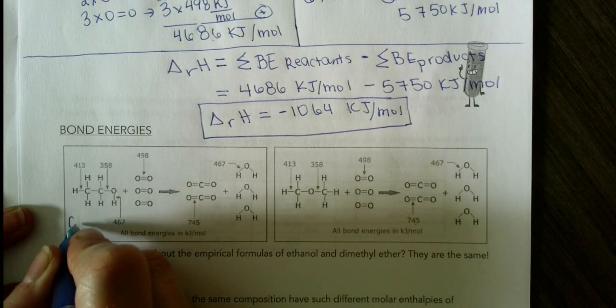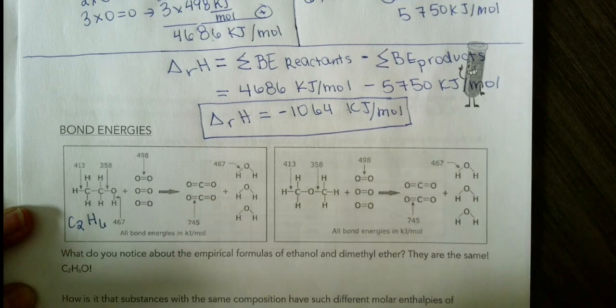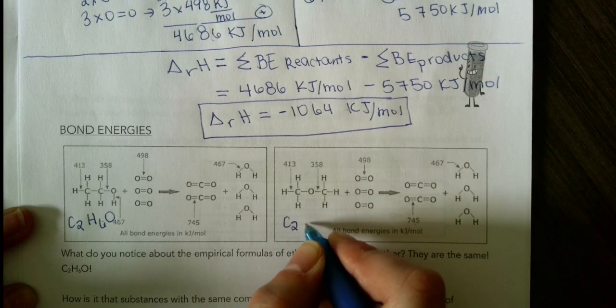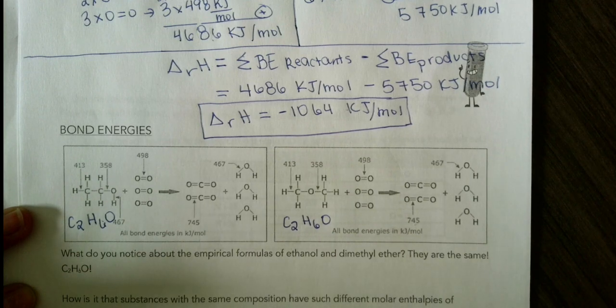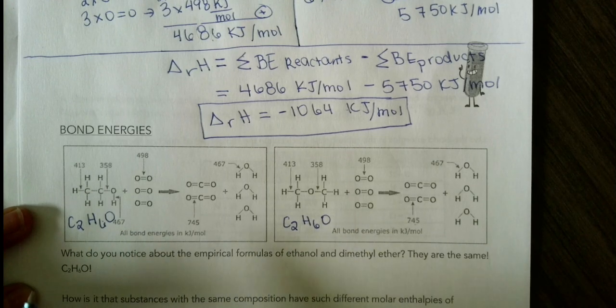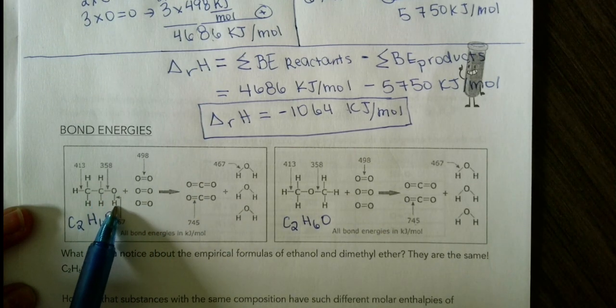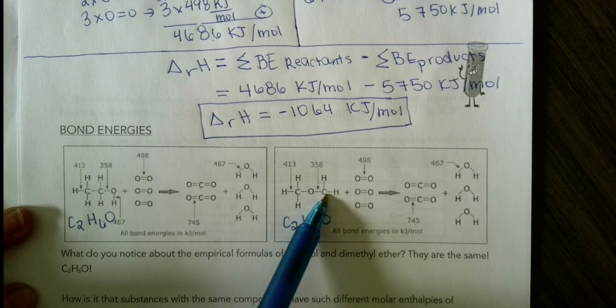So this one right here has 2 carbon, 6 hydrogen, and 1 oxygen, while over here, we also have 2 carbon, 6 hydrogen, and 1 oxygen. But you can see that this is an OH bond, while this is a carbon bonded to an oxygen bonded to another carbon.